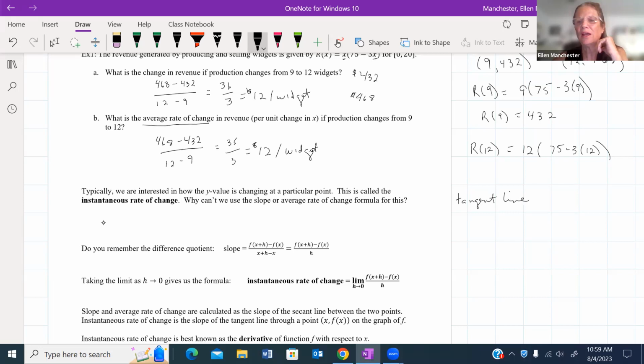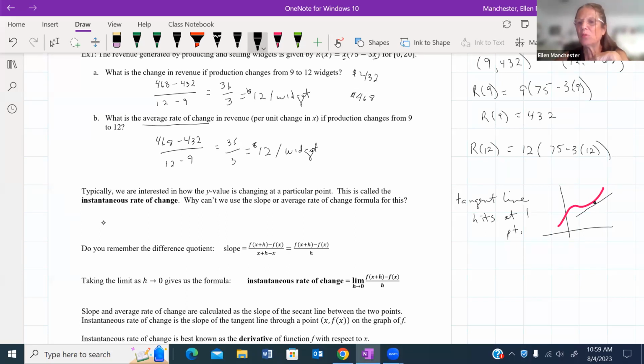So if we had our graph, with our tangent line, what is the slope right at that point? A tangent line only hits at one point, whereas the average rate of change hits at 2 points. So a secant line is 2 points, a tangent line is 1 point.